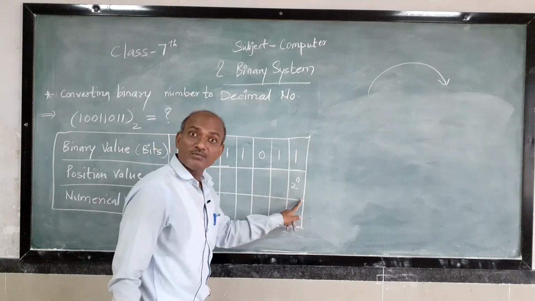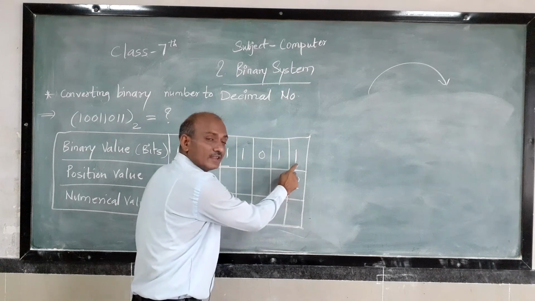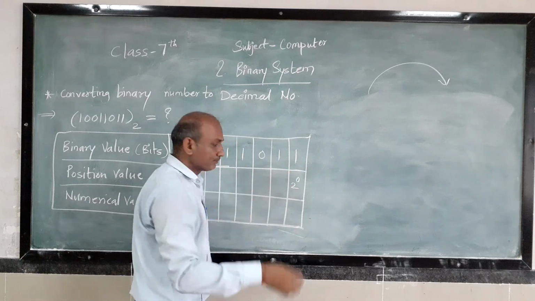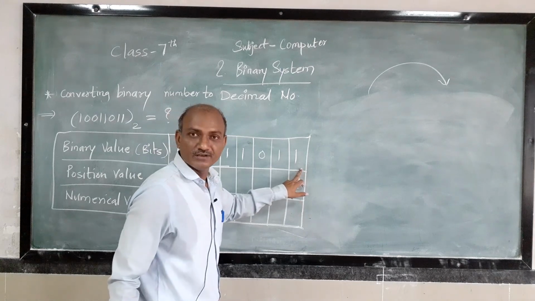We have to start from the rightmost digit. Every time you start from the rightmost digit. Understand? 2 raised to 0 is the position of this bit.